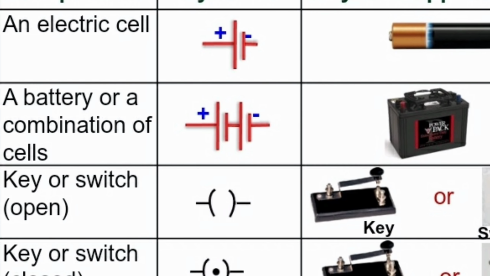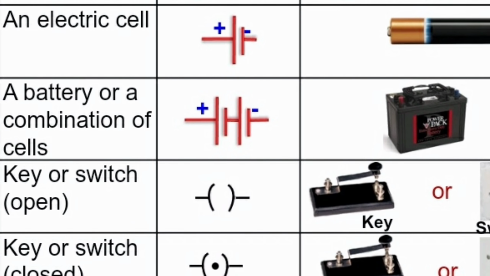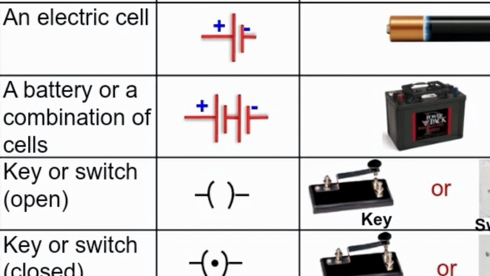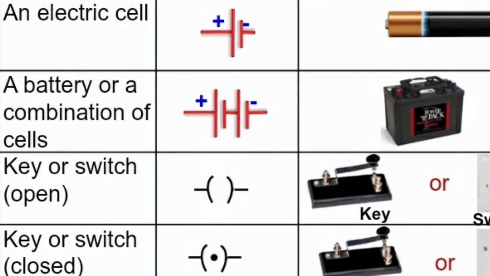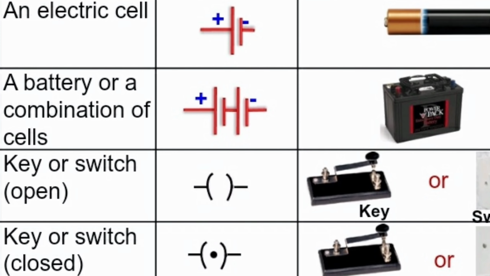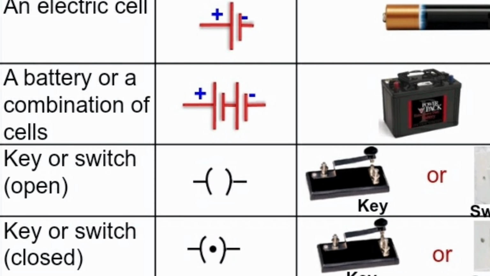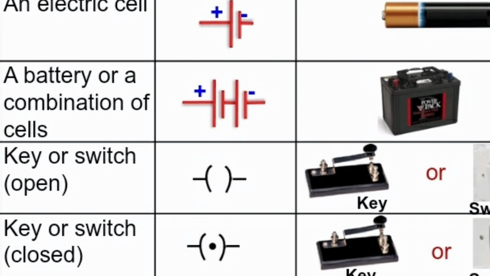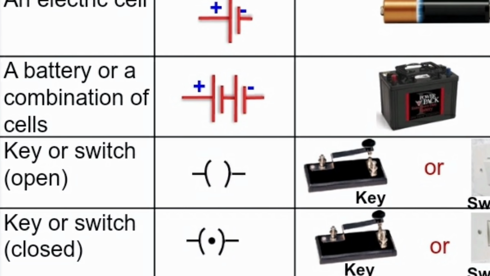A battery is nothing but a combination of cells. So the symbol of a battery combines two or more cells with positive and negative terminals, and the physical appearance is also on the screen. Coming to the third one, that is a key or switch, the symbol and its physical appearance.